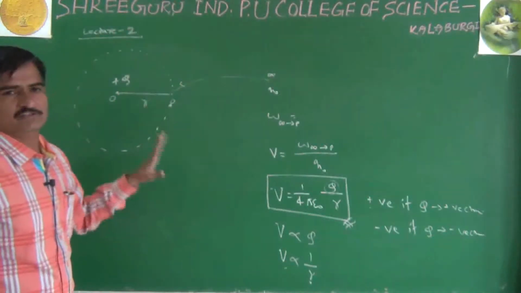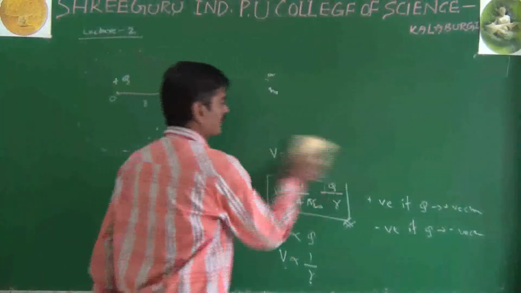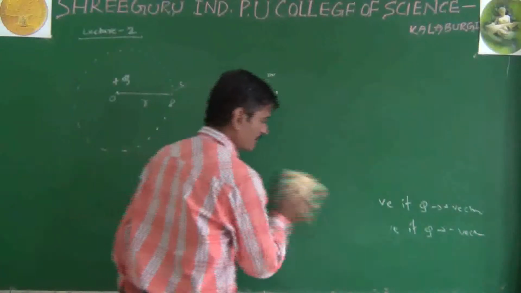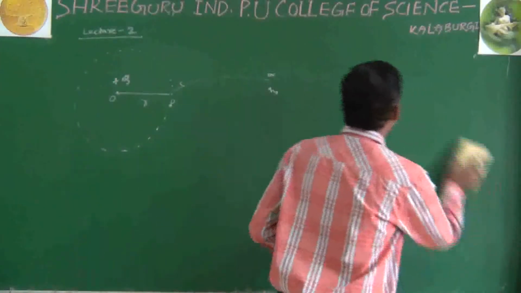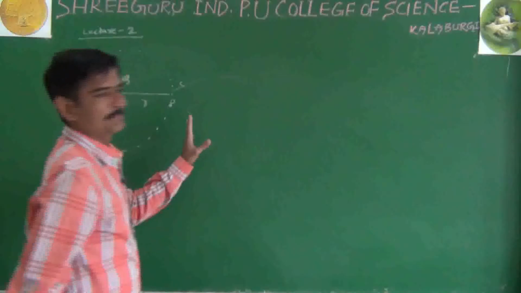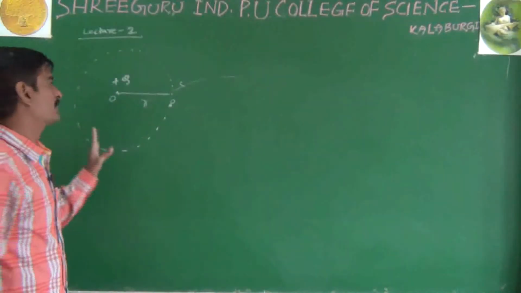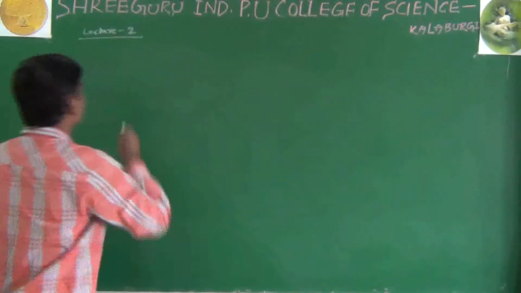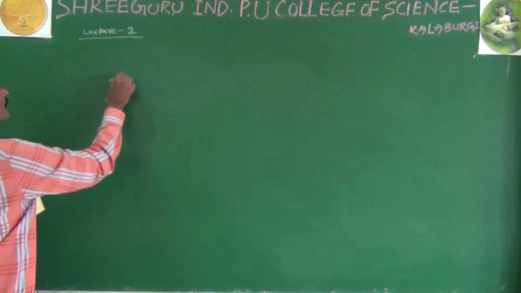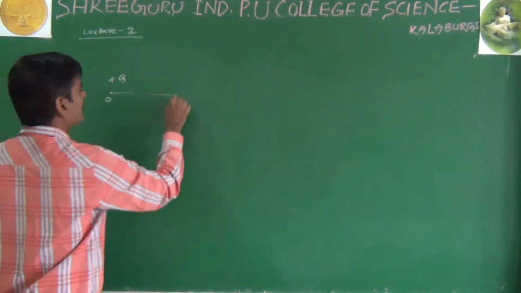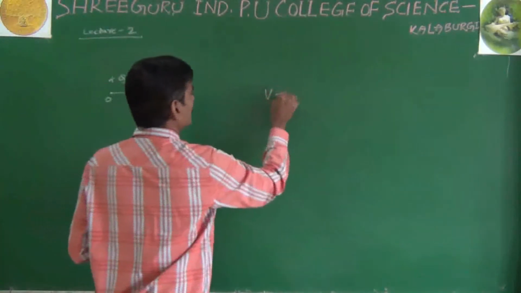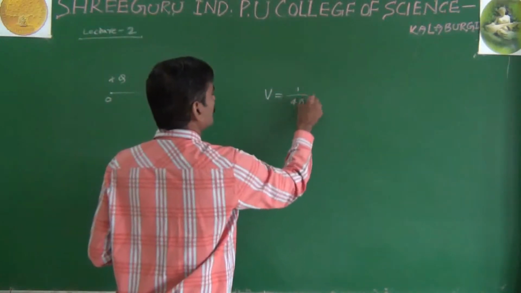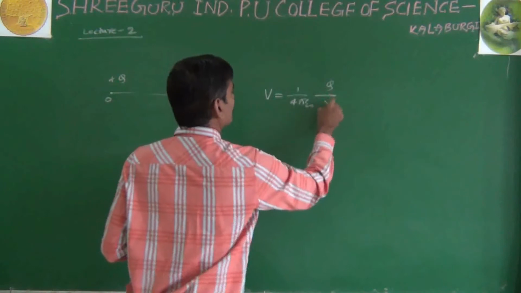These are things you have studied in the previous class. What I am explaining now is a recalling of the previous lecture. Now, once again, this is a source charge plus Q. Electric potential at this point we have determined as 1 by 4 pi epsilon naught Q divided by R.